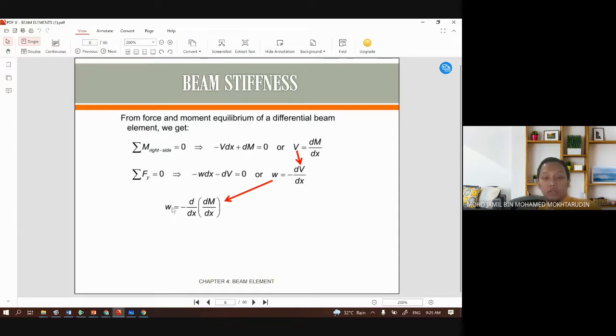So the distributed load W equals negative d/dx of dM/dx. I think these formulas are important: V equals dM/dx, W equals negative dV/dx. These two formulas are important. Need just substitute.